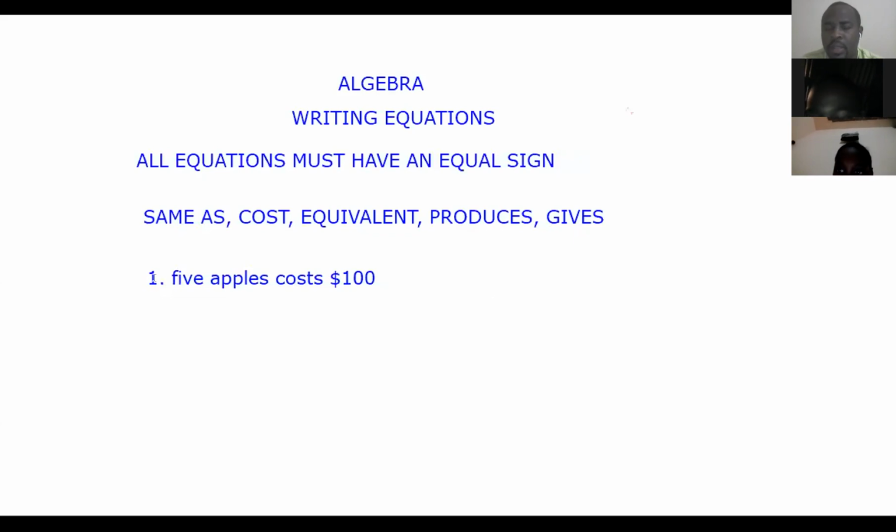So this statement says 5 apples cost $100. How would you write it in mathematical language? You want to try with Dujan? Dujan, go ahead, try. Zaria, please try. Go ahead, try to write this statement. 5 apples cost $100. Write it in mathematical language for me. In algebra? Yes, in algebra.